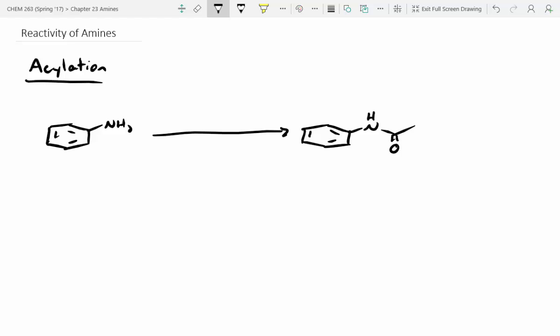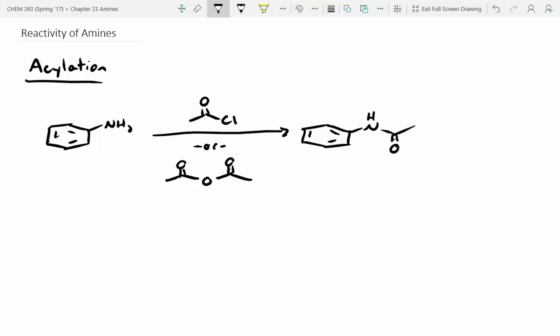Yeah, so something like an acid halide. So for example, use acetyl chloride. That would work. What's another route? What's the next most reactive after acid halides? Anhydrides, right? So really either would work to acylate nitrogens.